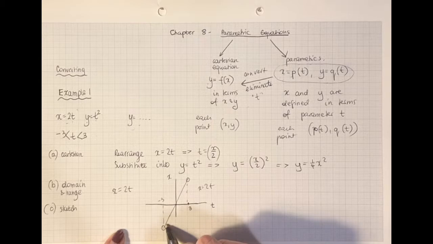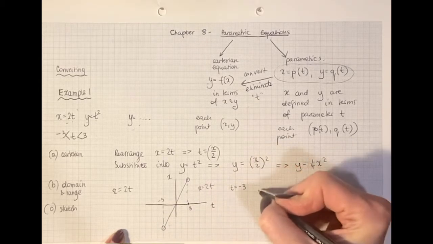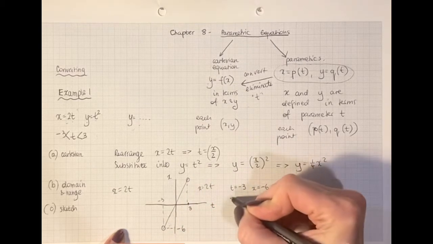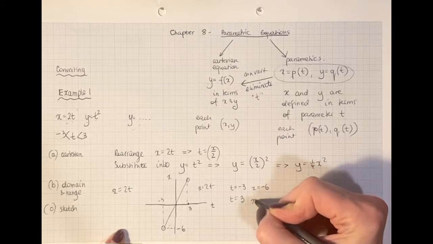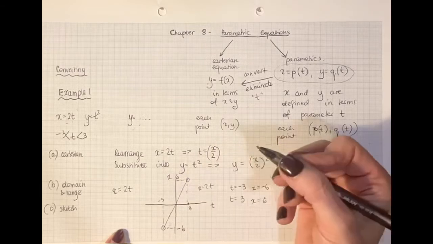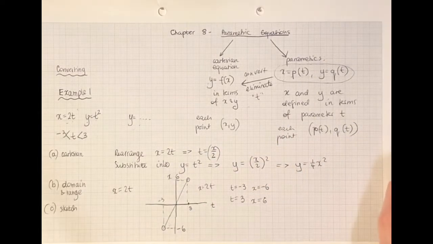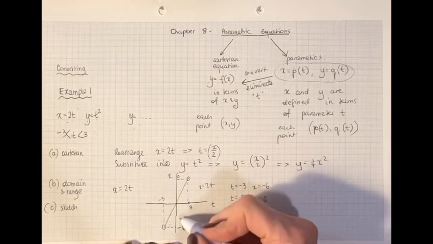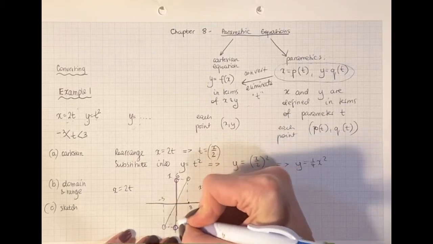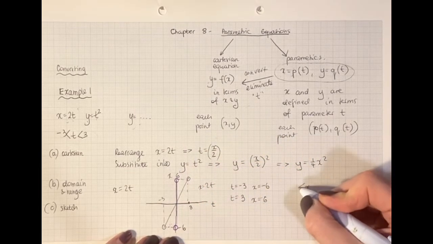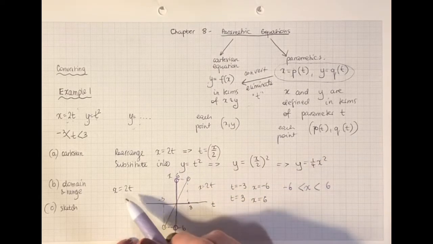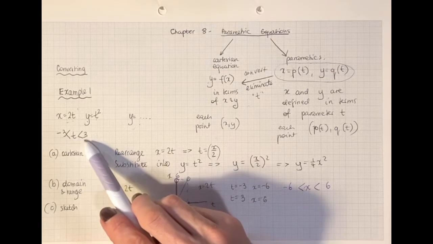Now when t is equal to -3, x is going to be -6. And when t is equal to 3, x is equal to 2 times 3, which is 6. So what are the possible values of x? And this will give me the domain. So the possible values of x are all the values between -6 and 6, not including the -6 and 6 because t was not equal to -3 or 3.